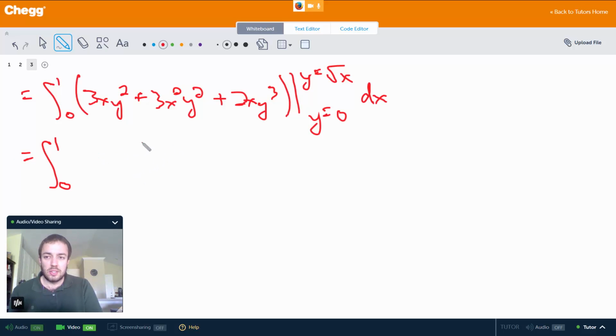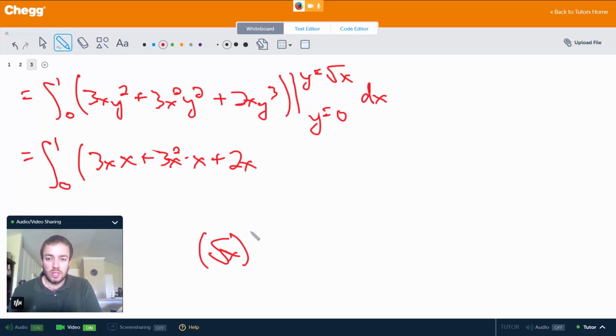Now let's evaluate at the top, and then we're going to get 3x times root x squared, which is just x. And we have plus 3x squared times root x squared, which is just x. And then plus 2x root x cubed.